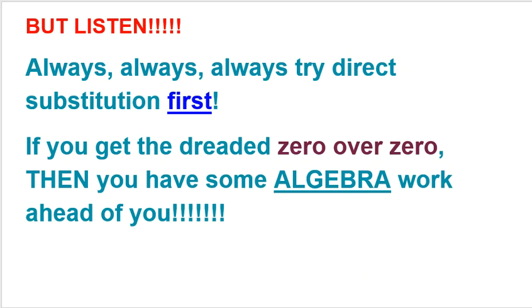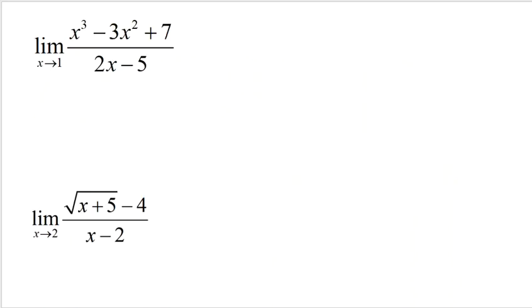If you get that dreaded 0 over 0, then you are going to have some algebra work ahead of you. That algebra work could come in several different flavors, several different techniques, and that's what this video is all about, teaching you those different techniques. Any other situation is easy. The only situation that's tough is the 0 over 0 situation. All right, without further ado, let's get our hands dirty.